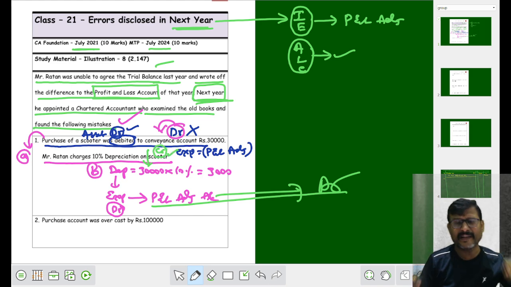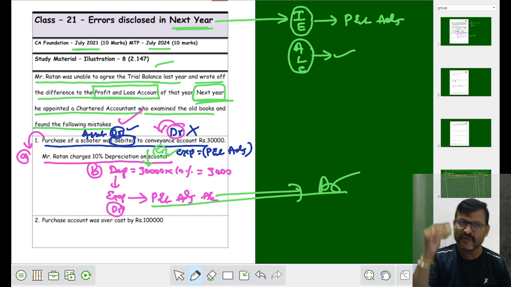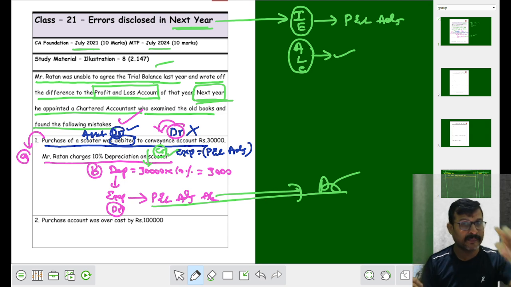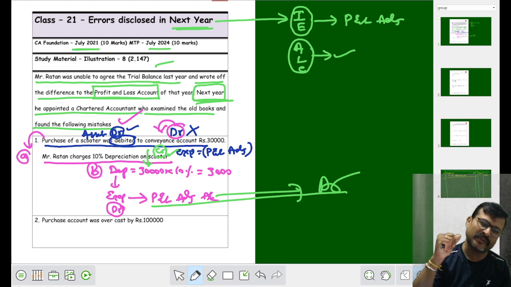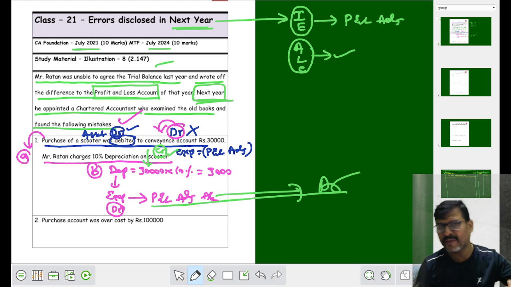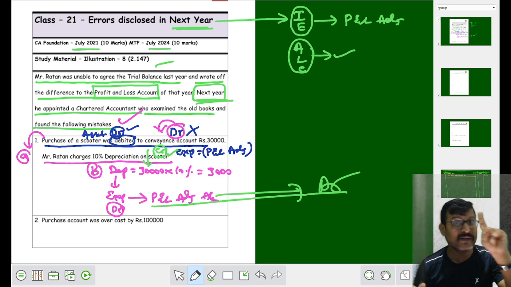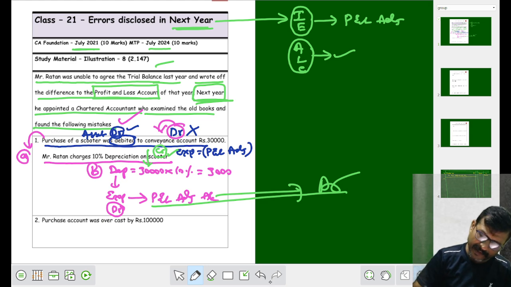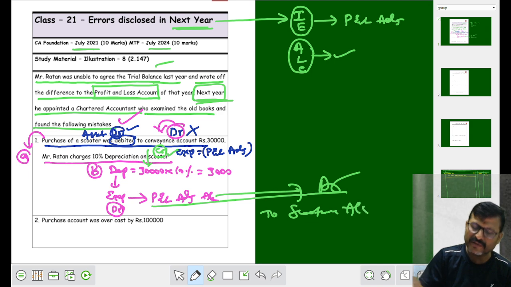So normally what is the entry for depreciation? Depreciation account debit to asset account. Depreciation is the expense. It will reduce the value of asset. So asset is to be credited. Instead of depreciation, since the errors are disclosed in the next year, we have to use the P&L adjustment. Am I right? Now the entry will be P&L adjustment account debit to what? Scooter account. Am I right?